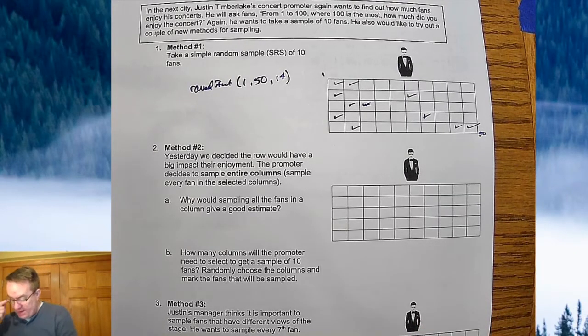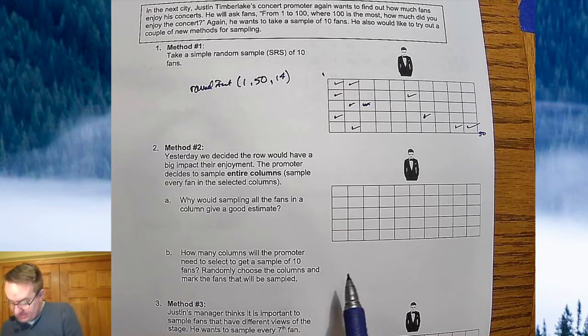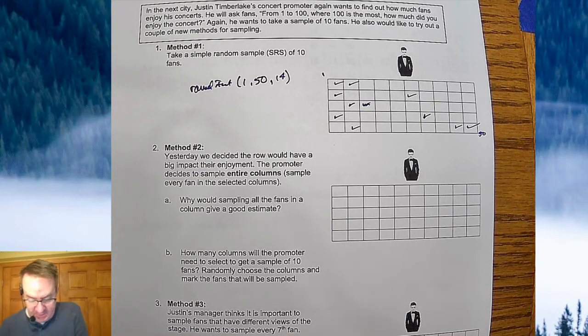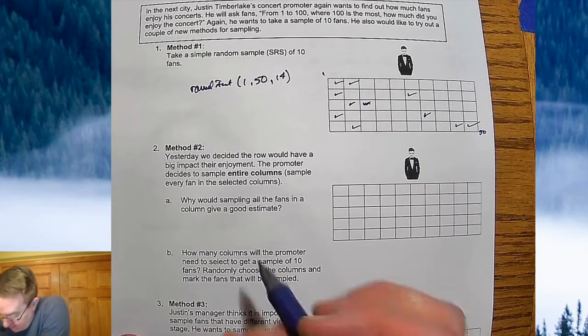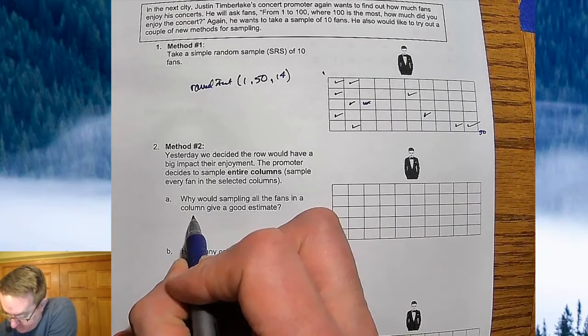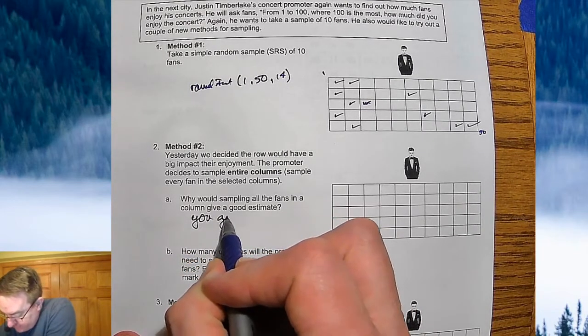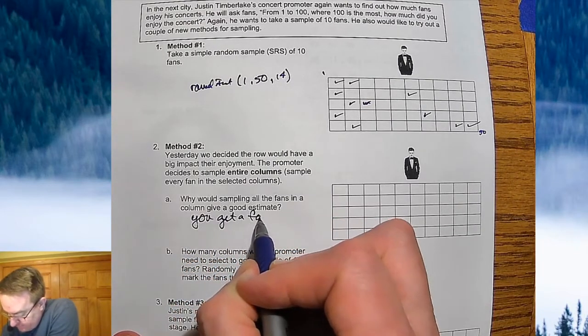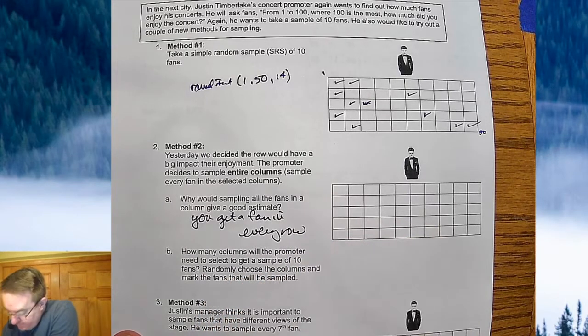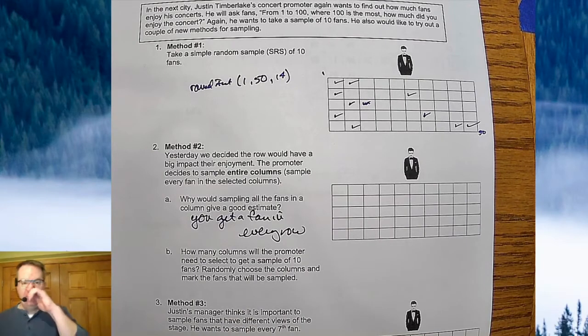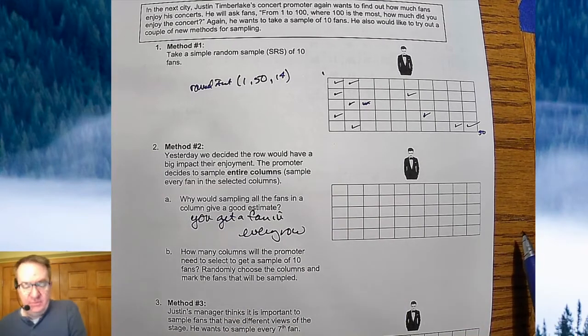Then on Friday we decided which row would have the biggest impact. The promoter decides to sample columns instead. So you're going to pick out columns. Why would this work? You get a fan in every row. So you'd do a simple random sample, in this case from 1 to 10.